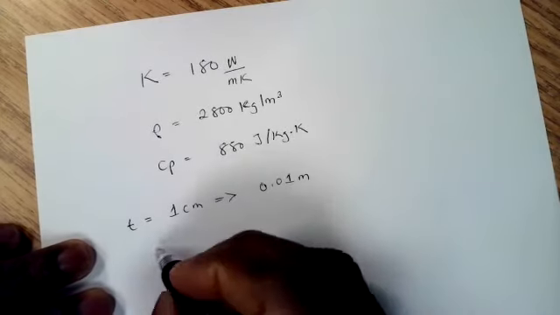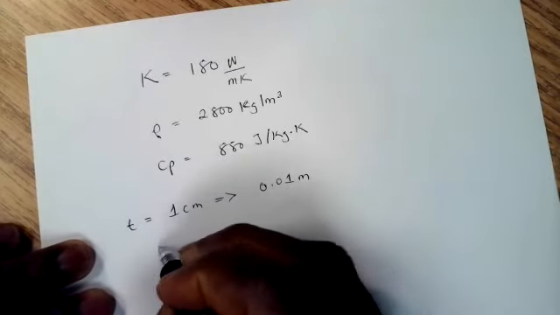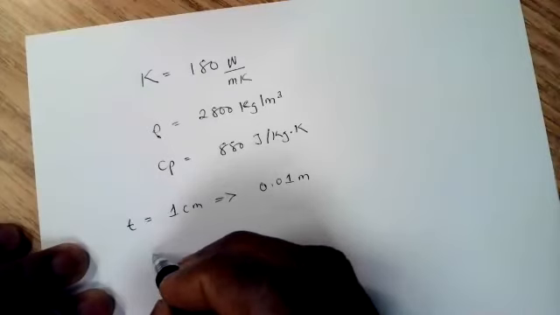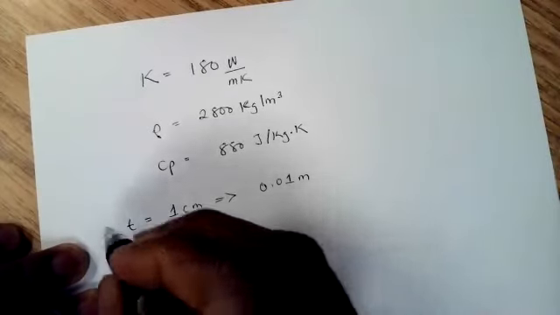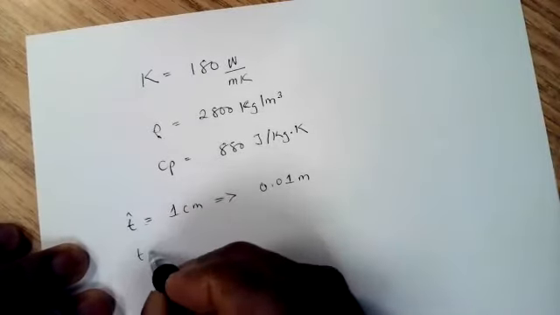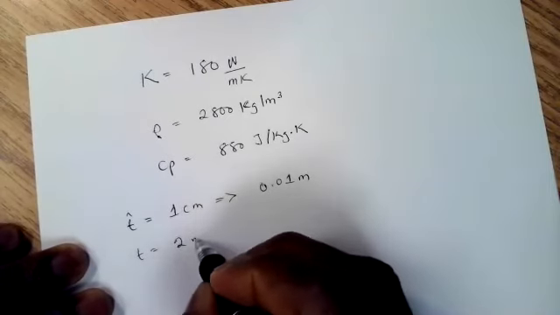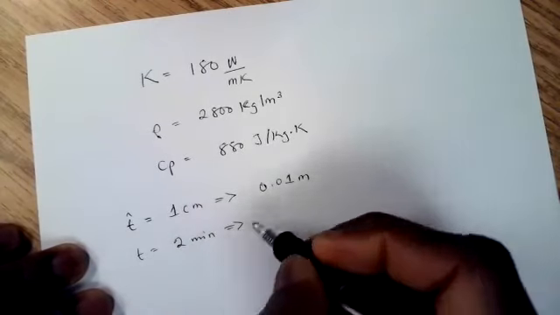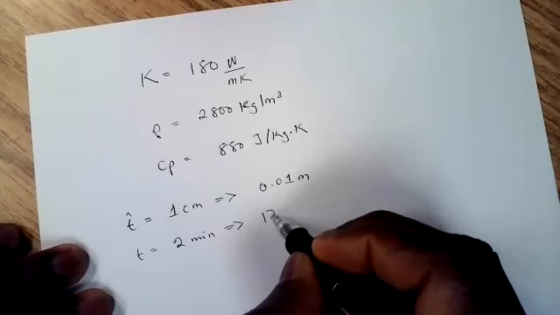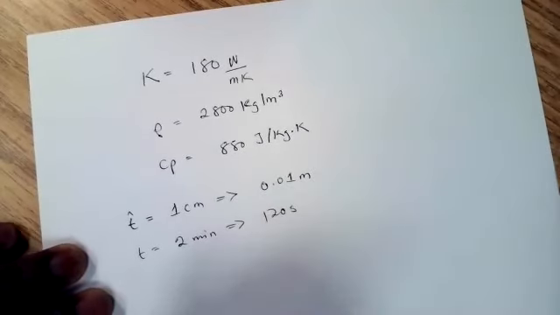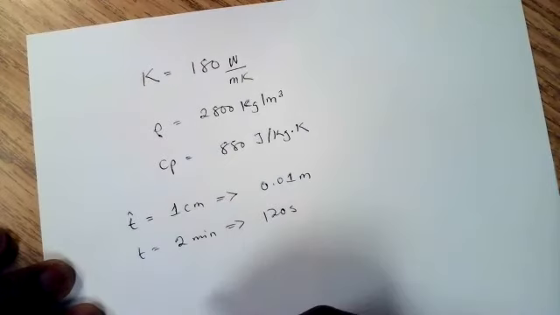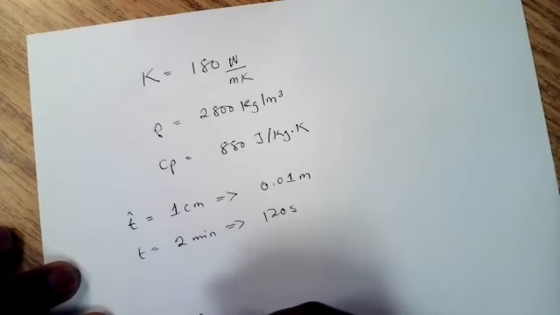Heated in an oven for 2 minutes. Let me put this, I can put t equal to 2 minutes, which should be 120 seconds. And the oven is maintained at 800 degrees Celsius.